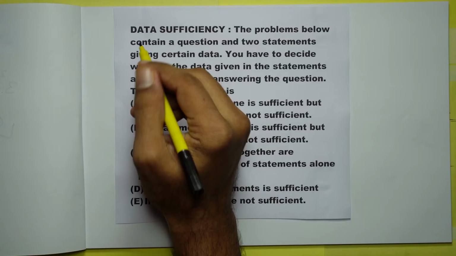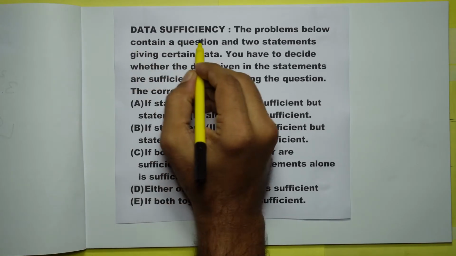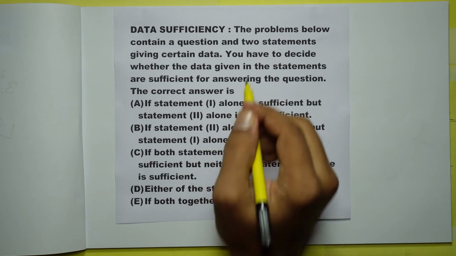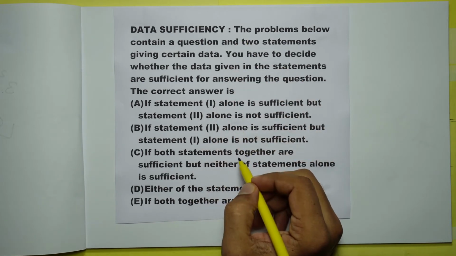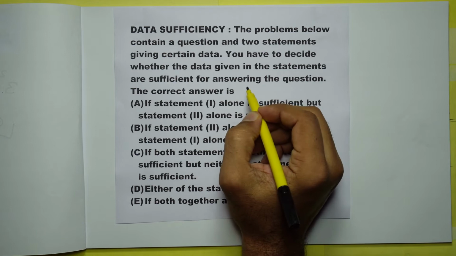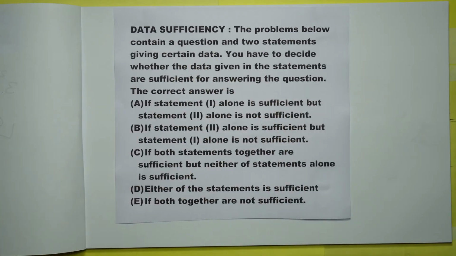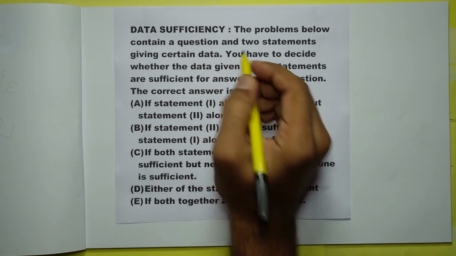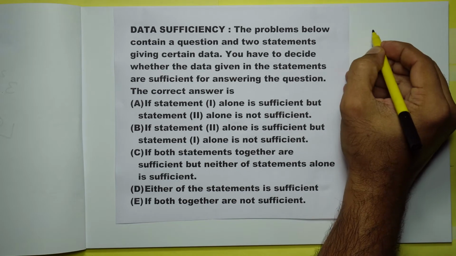placement test. Let's start. Let us start with the topic data sufficiency. Now this is the format of data sufficiency. I'll just explain the format. Now in questions on data sufficiency, in all the questions there will be one question.